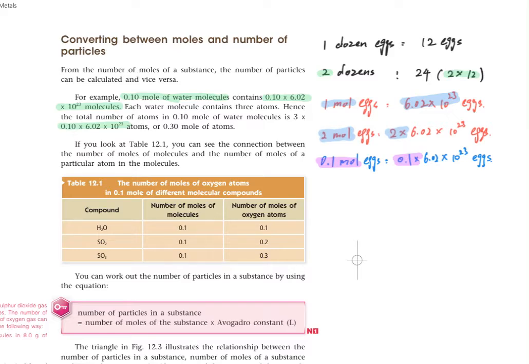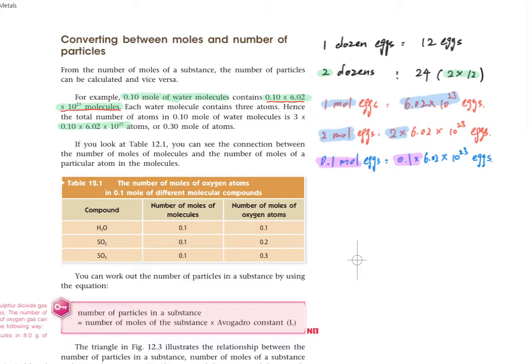Okay, now let's see further. 0.1 mole of water molecules contains 0.1 times 6.02 times 10 to the power 23 molecules, right? This makes sense. But now, if I don't ask you about molecules, but ask about atoms, how many atoms are in 0.1 mole of water?